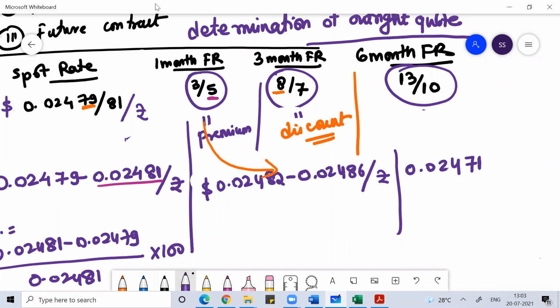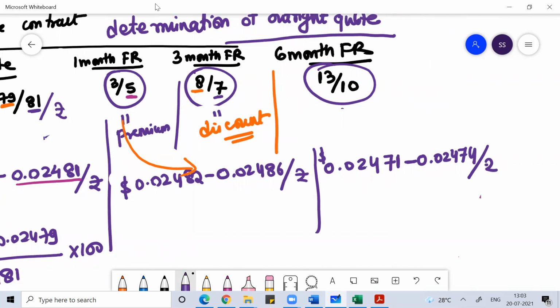This would be your bid rate. And the ask is 81 minus 7, which is 74, so 0.02474 dollar per rupee. Anyone, any doubt?